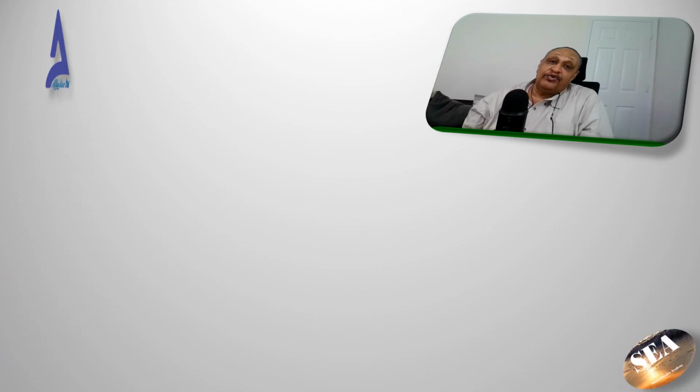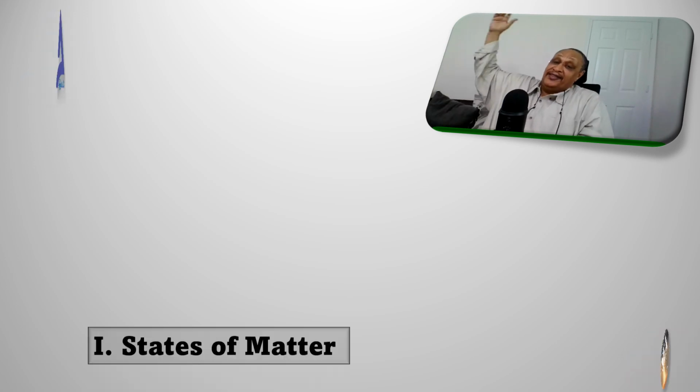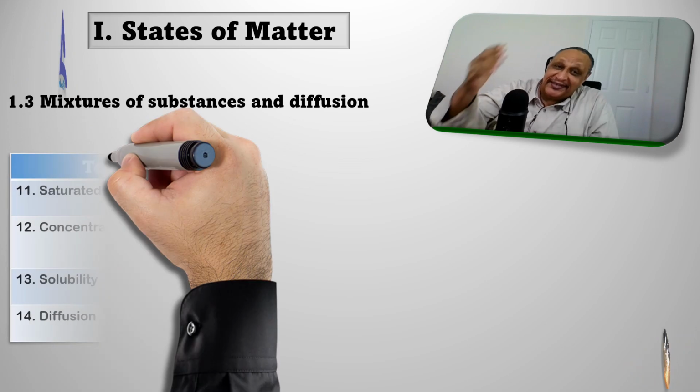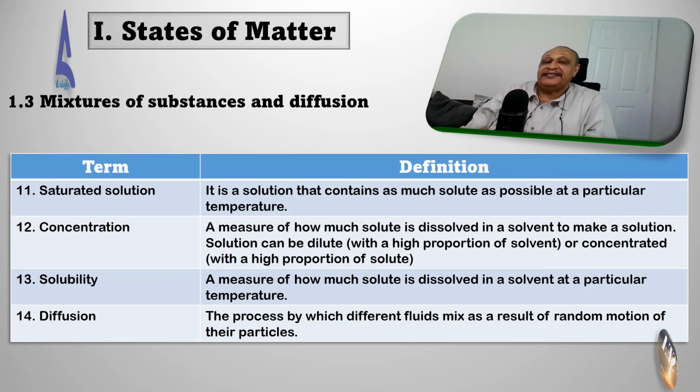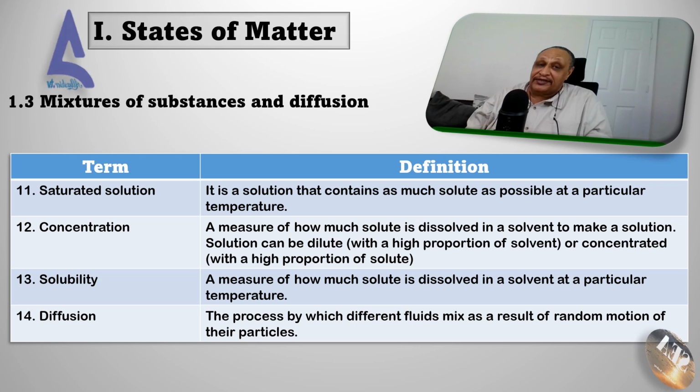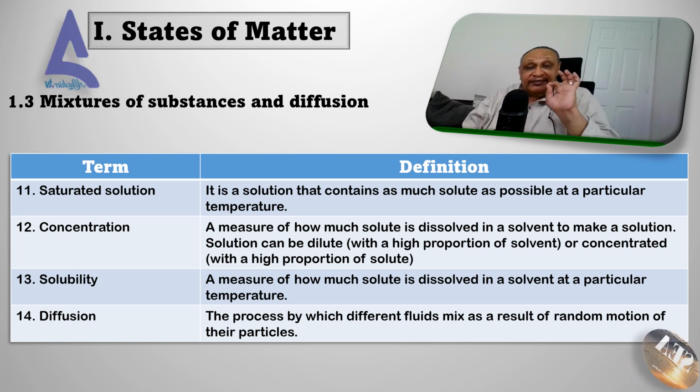Our third group of terms starts with, yes, you are right, saturated solution. It is a solution that contains as much solute as possible at a particular temperature. Very important, a particular temperature.